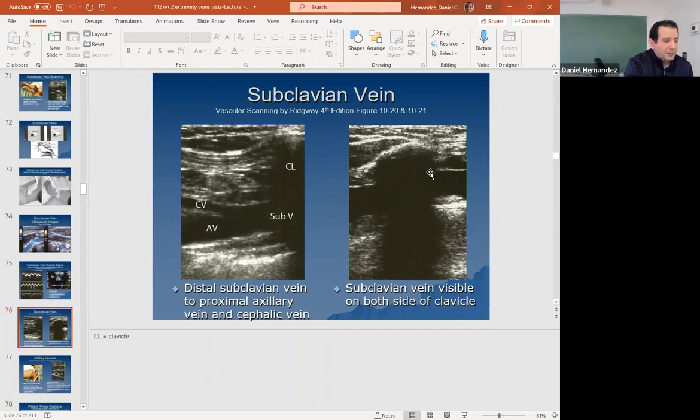So just remember, there's going to be segments of the subclavian vein that we cannot adequately visualize or assess due to shadowing. So this is the clavicle itself and the vessel running posterior to that clavicle.